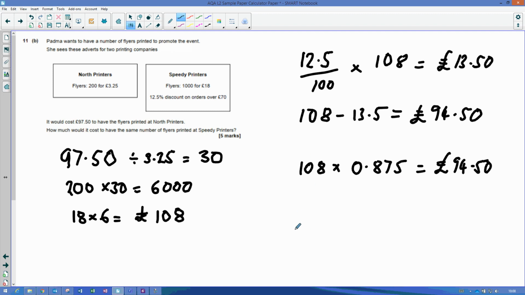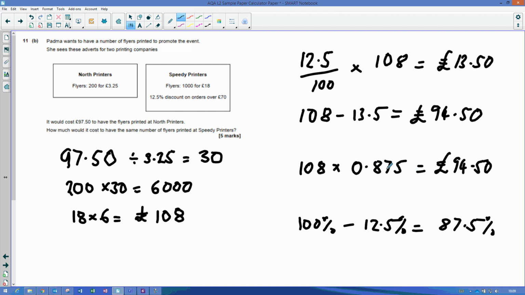Well, 108, if she has to pay 100% of the price, take off the discount, 12.5%, and that leaves 87.5% to pay. And so what we're doing here is finding 87.5% of 108.